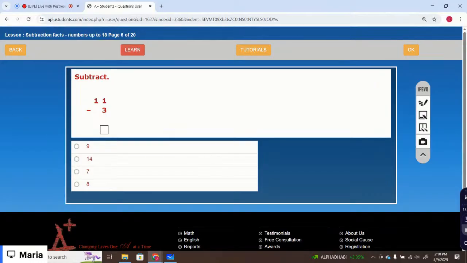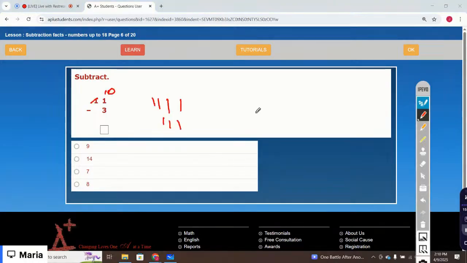11 take away 3. Start with 3 and count up to 11: 3, 4, 5, 6, 7, 8, 9, 10, 11.